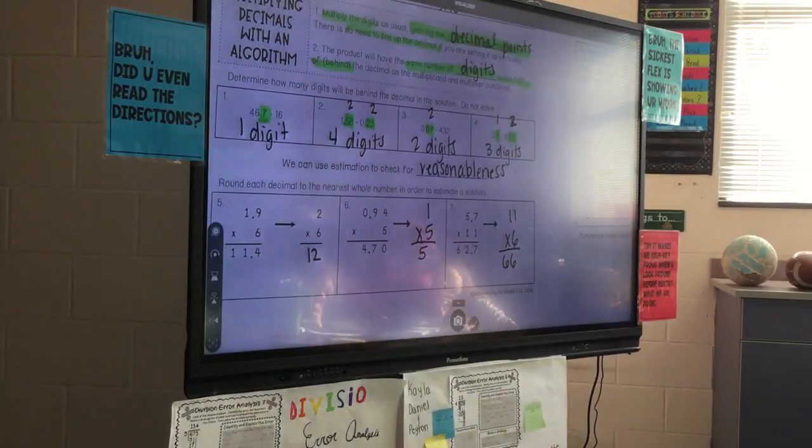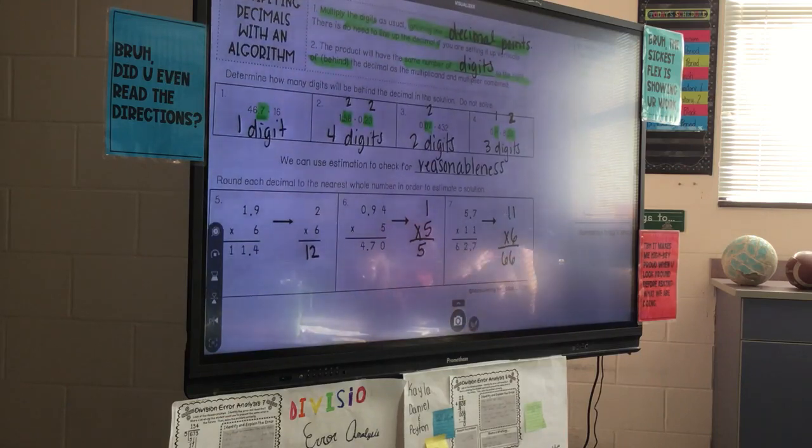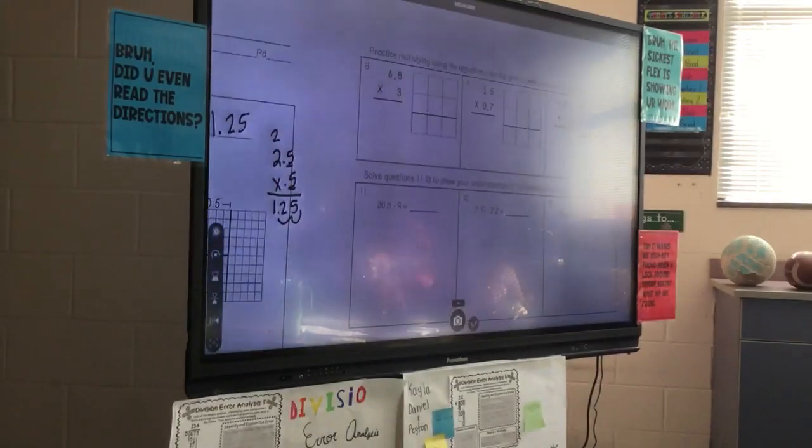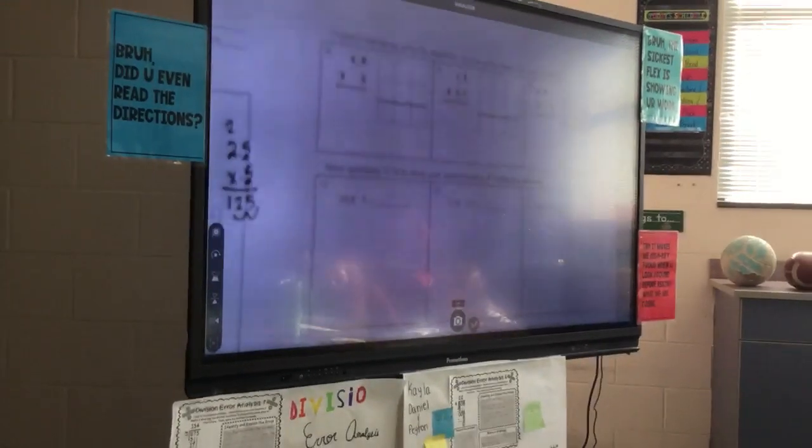It's a little bit further than the other two, but it's still fairly close. All right, so just thinking, you can also use estimation to help you with certain numbers in multiplying decimals.